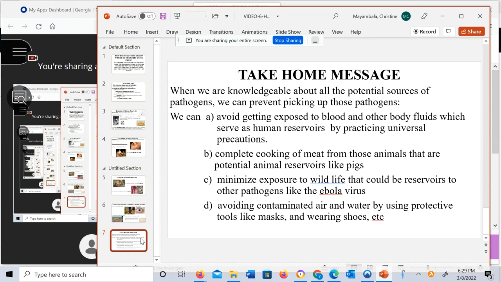Avoiding contaminated air and water by using protective tools, methods like wearing masks, which is what we're doing with COVID. Wearing shoes. There are some places where children do not wear shoes, cannot afford shoes, and they end up catching infections from water. Just simply wearing shoes could prevent that.